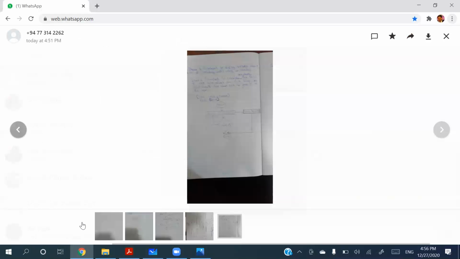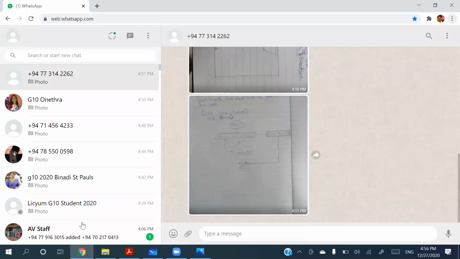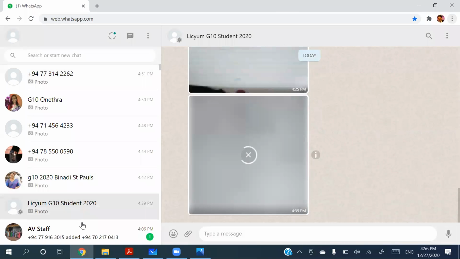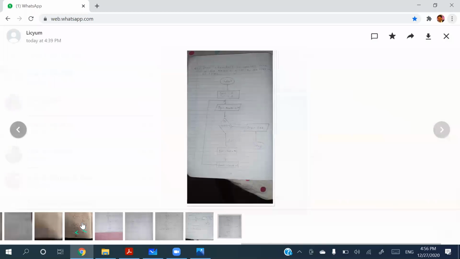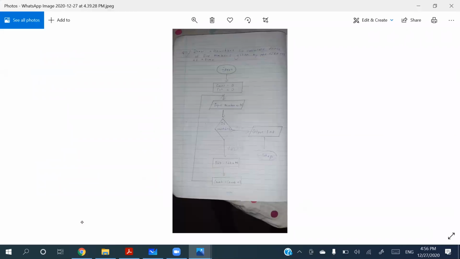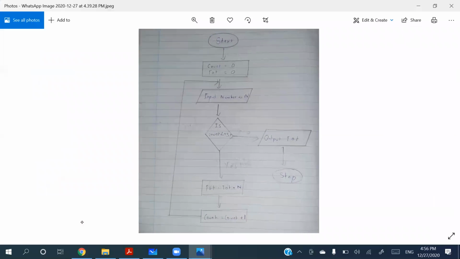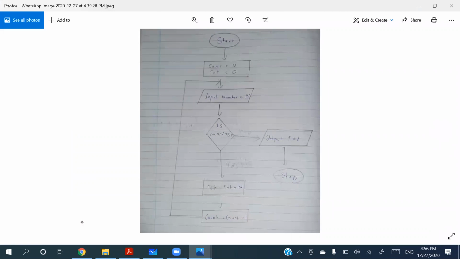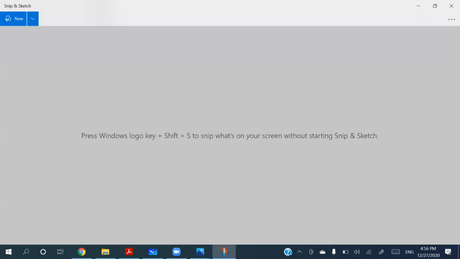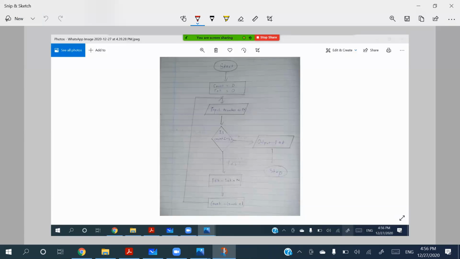Doing a dry run means we are checking whether this particular flow chart is happening in the correct way or not. So this is Minul's answer. Let me check, take a screenshot. Okay.